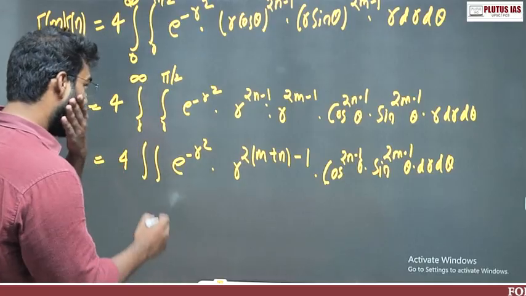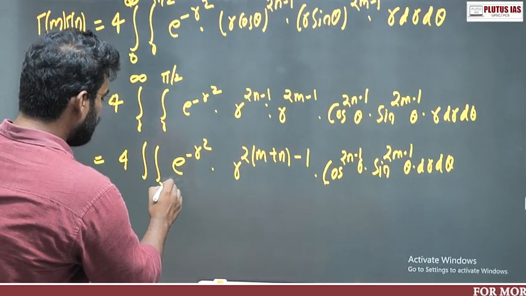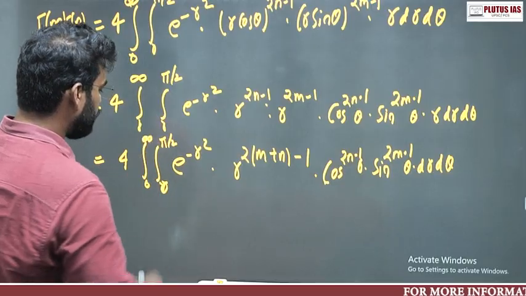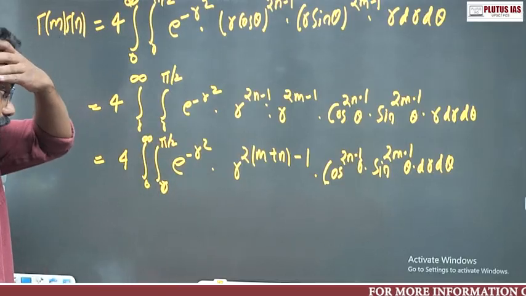Okay, theta is from 0 to pi by 2 and r from 0 to infinity, right?